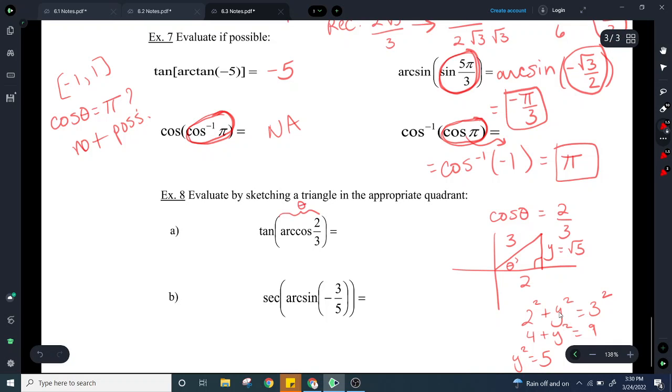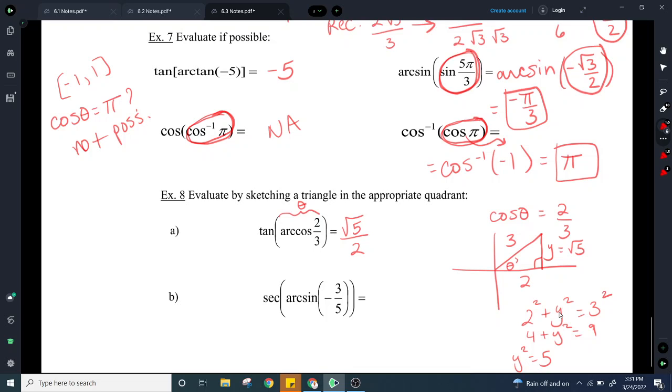This represents an angle whose cosine value is equal to 2/3. So then the question becomes, what is the tangent of this angle? So using the same angle, go back and look at your triangle. And remember that tangent is opposite over adjacent. So this is going to be √5/2, right? Opposite over adjacent. So once you've got your triangle set up and labeled, you're good to go on these.